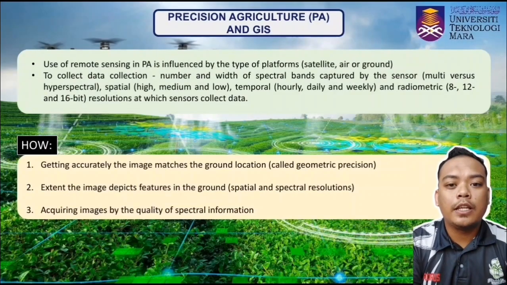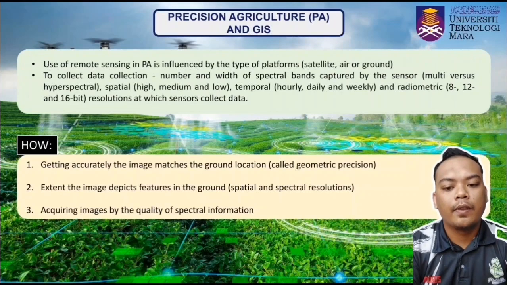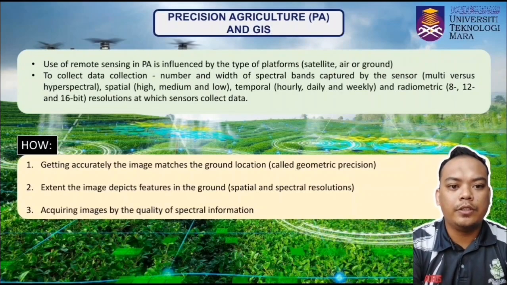Precision agriculture and its edges relating to the spectral on measuring the crop nutrients. The use of remote sensing in PA is influenced by the types of platforms such as satellite, air, and ground.